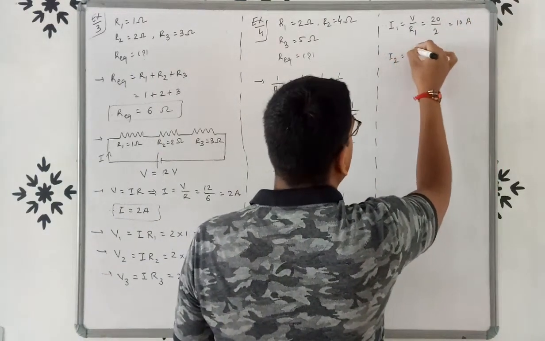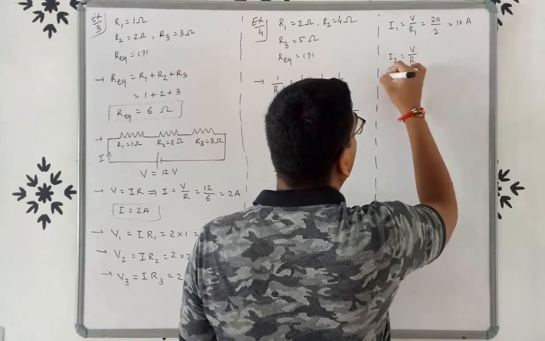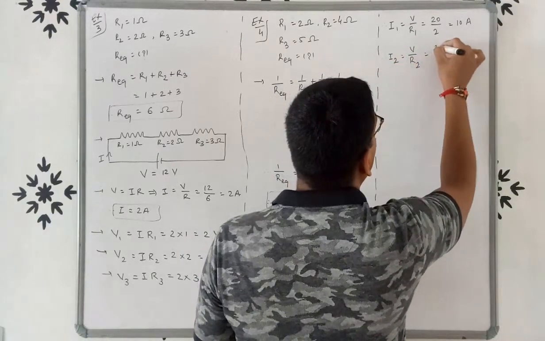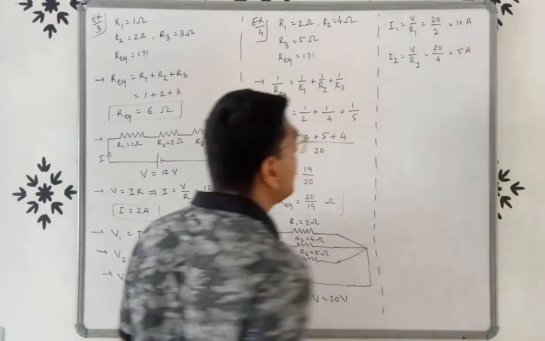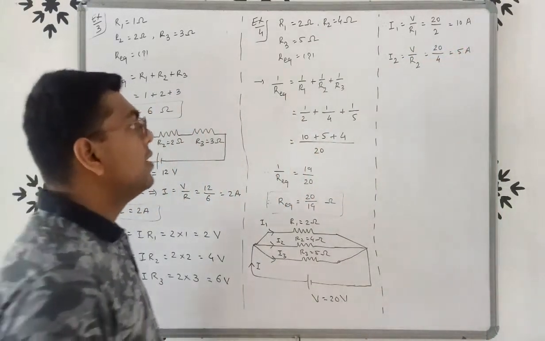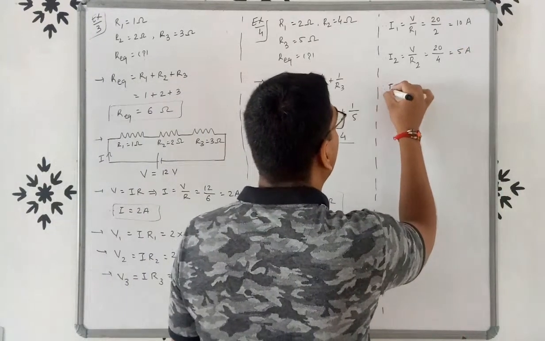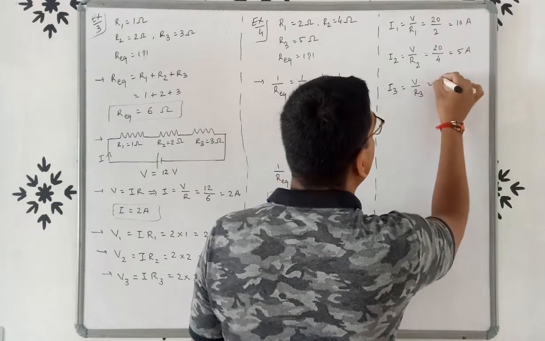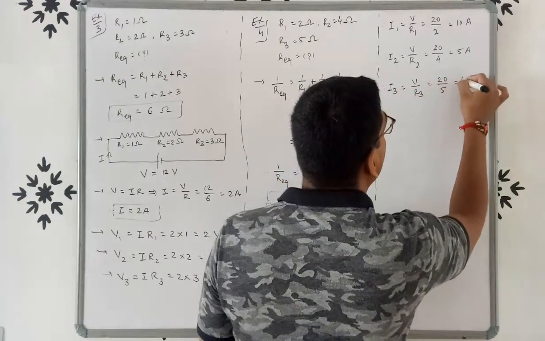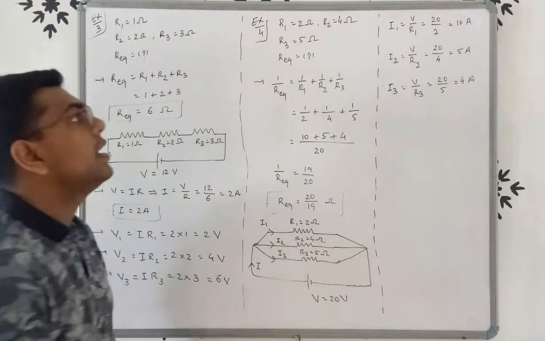Current in resistor R2, V upon R2. So 20 upon value of R2 4. So 5 ampere. Now current through resistor R3, I3 is equal to V by R3. So 20 by 5, so 4 ampere. Right.